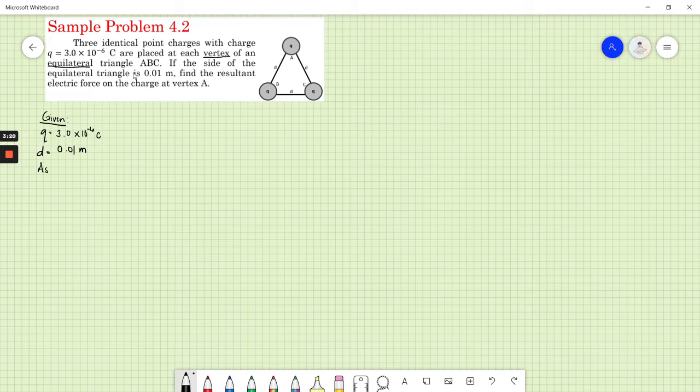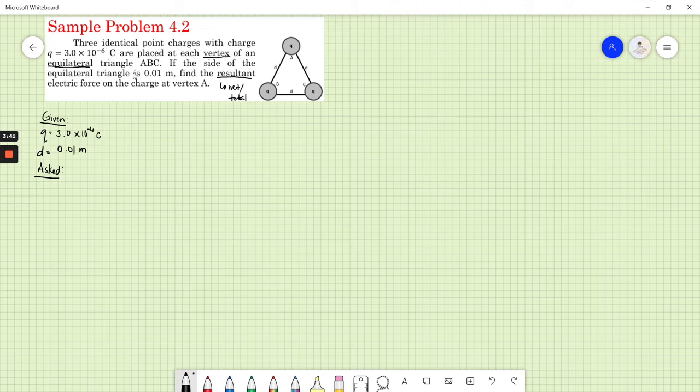And what is being asked of us is to find the resultant electric force. Don't get confused, resultant just means the total force. So this is your net force, your total force.